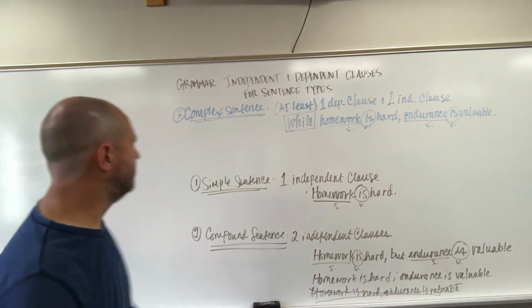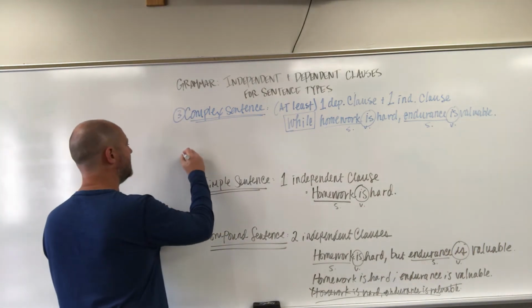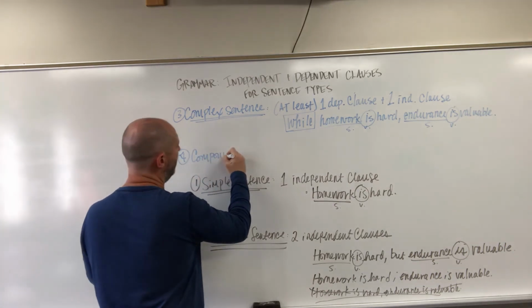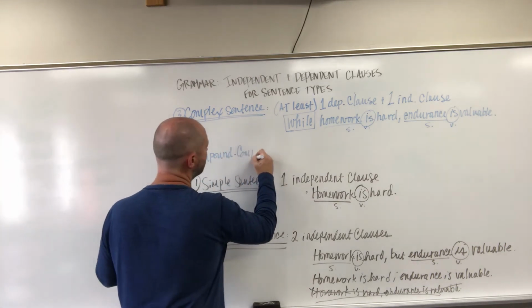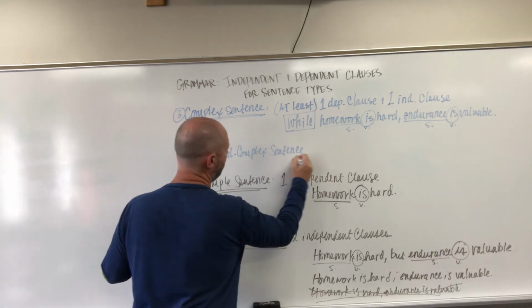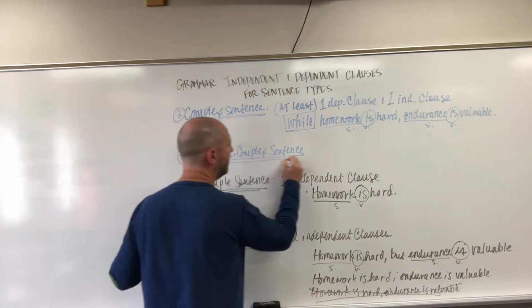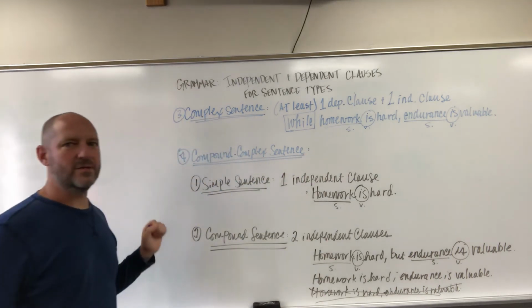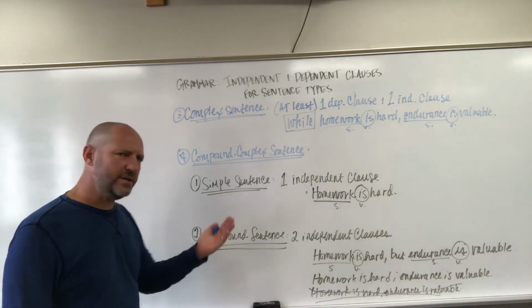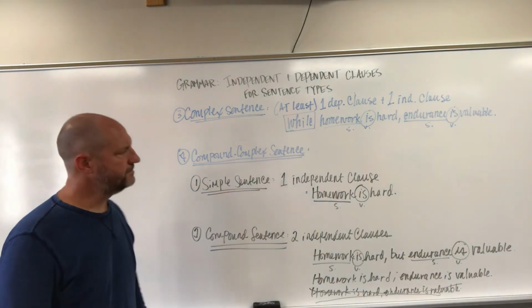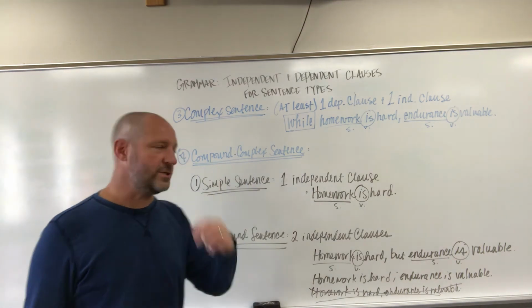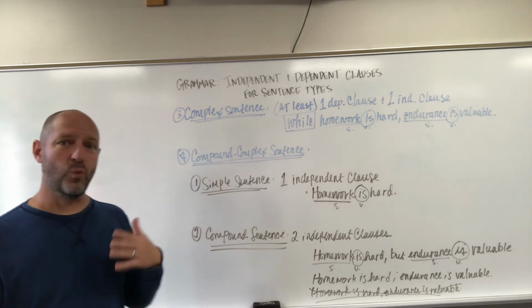Last one, and I'll let you go. Is the Mac Daddy of them all? It is the compound complex sentence. All right, the compound complex sentence. So, ladies and gentlemen, using your skills of deduction, simple sentence is 1, compound sentence is 2, complex sentence is 1 of each.